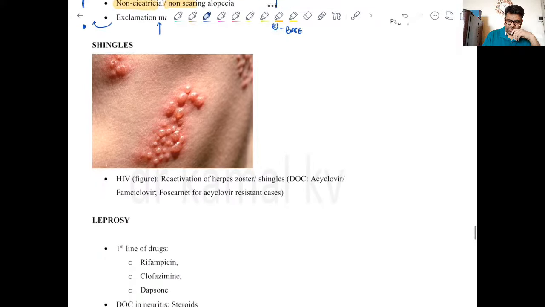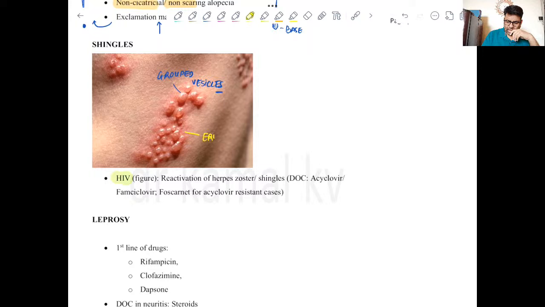Now moving to shingles, which is reactivation of herpes zoster virus, especially in cases of HIV, and again you can see here grouped vesicles. So you can see the vesicles in groups, which is always very characteristic of herpes lesions, and we can see redness, that is known as an erythematous base.